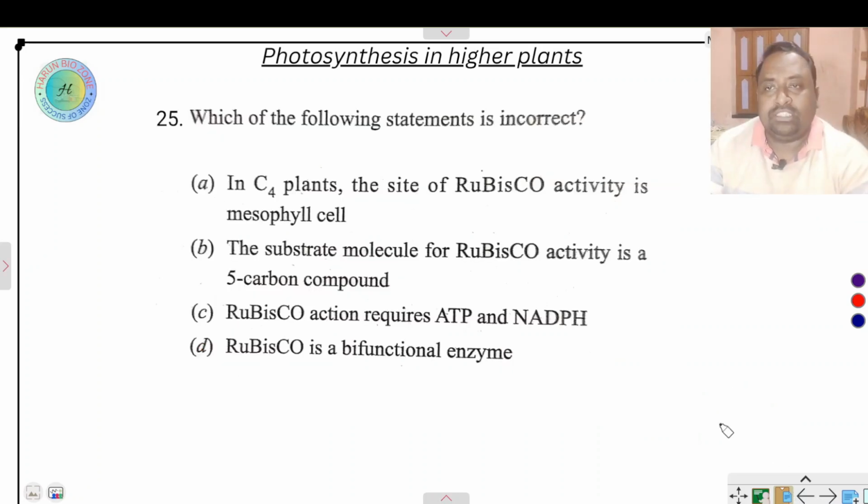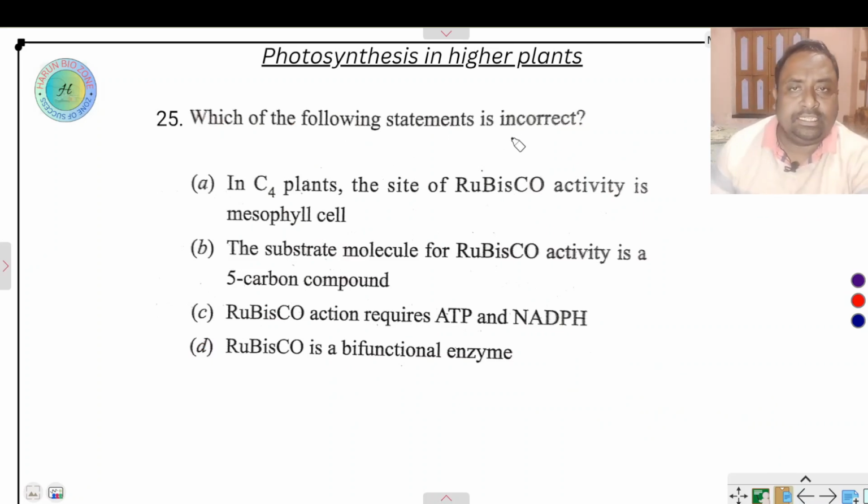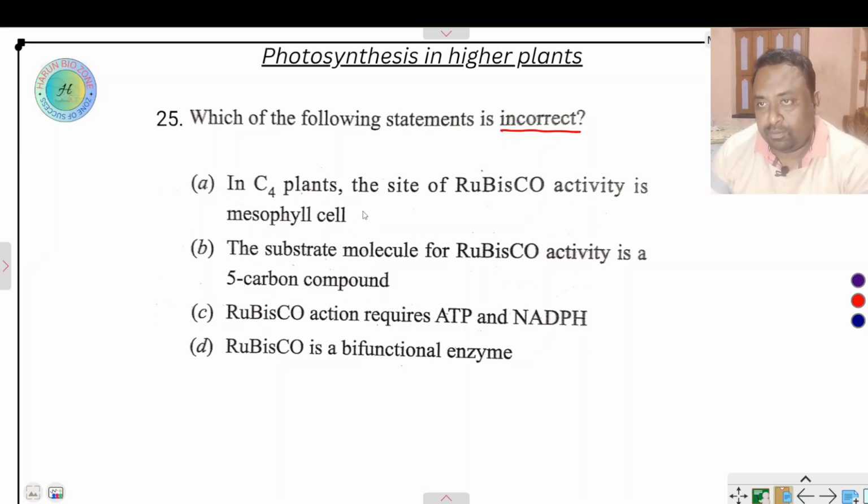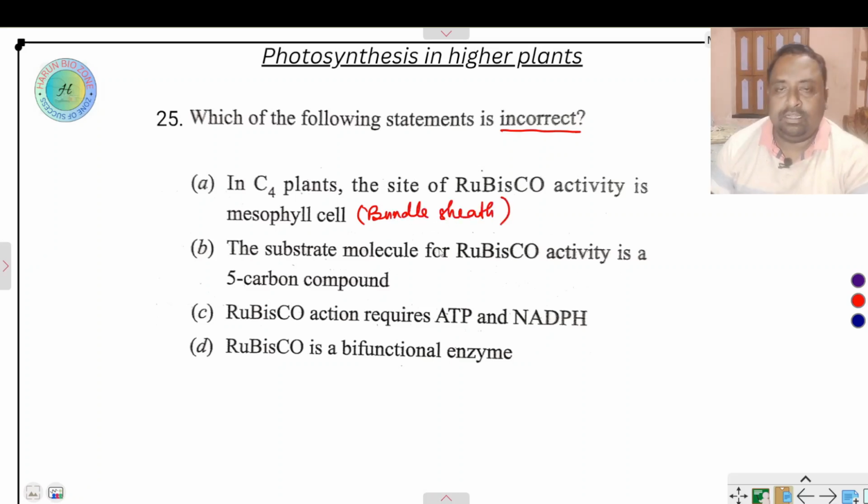Which of the following statements is incorrect? In C4 plant, the site of Rubisco activity is mesophyll cell, not mesophyll cell, because it is bundle sheath cell. Clear?